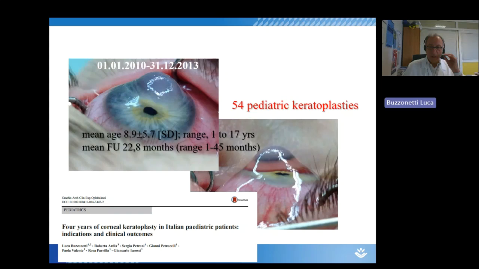I'm working in a children's hospital, and some years ago we published this paper that evaluated the follow-up, mean follow-up 22.8 months, of 54 pediatric keratoplasties. The mean age of the patients was 8.9.